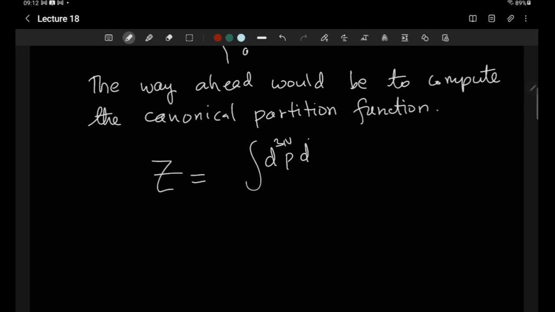d3n p d3n x by h power 3n, and possibly some 1 by n factorial here to take care of it.